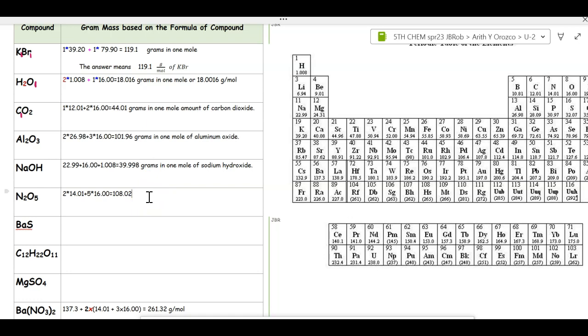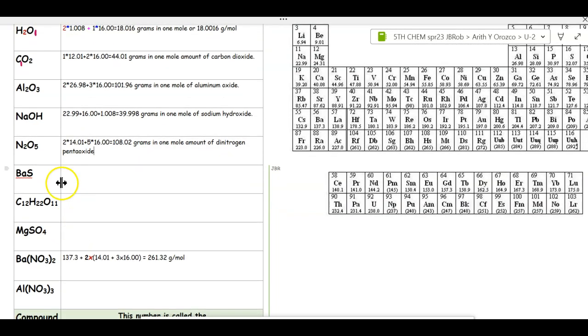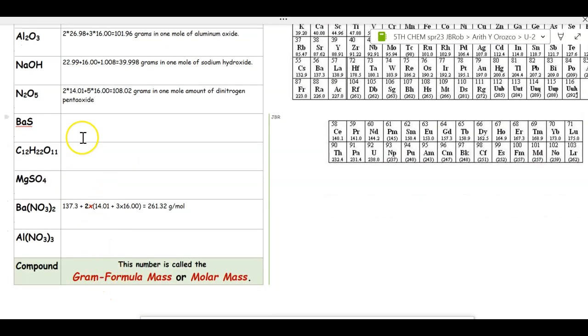You just have to use the right characters. This is the number of grams in 1 mole amount of dinitrogen pentoxide, right? Dinitrogen pentoxide, something we did last week. All right, so doing all of these, you can now see how easy this is to do.